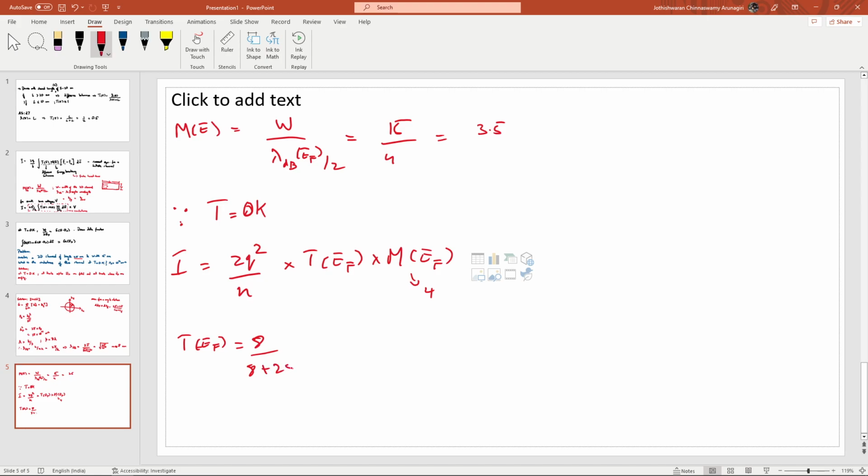So 8 divided by 33 will give us a transmission coefficient of approximately 1 by 4. So the transmission coefficient here is 1 by 4.